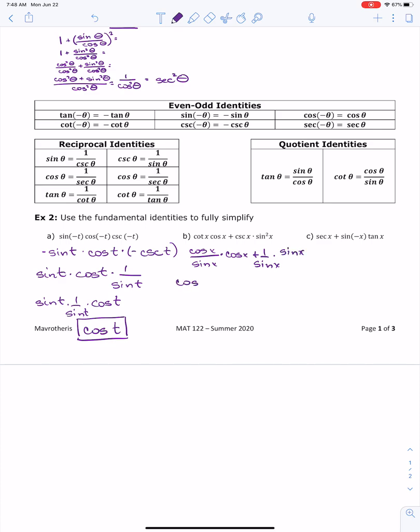I can multiply through each. I get cosine squared x over sine x plus sine squared x over sine x.